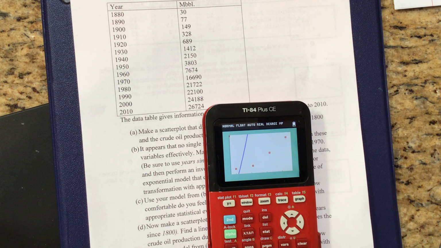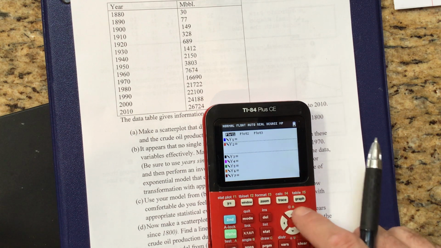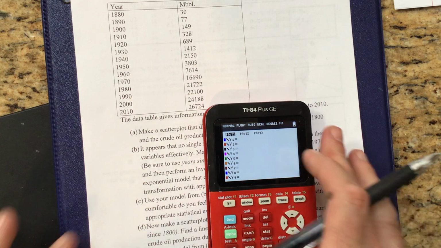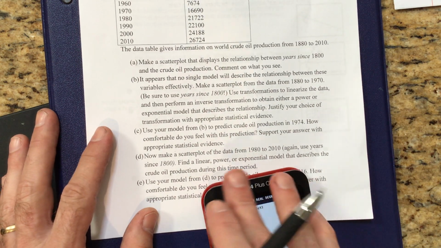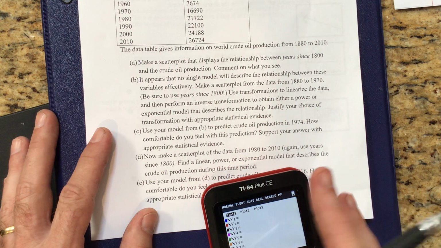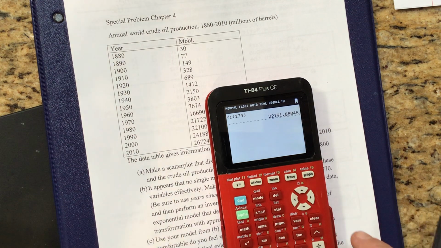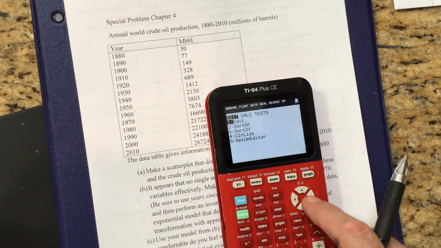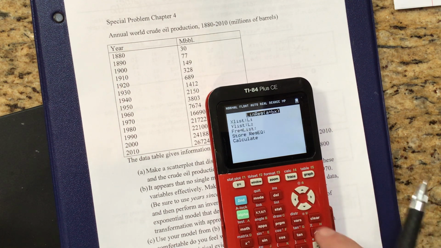But there's only 4 data points, so it's always hard to really read the graph of only 4 data points and be real confident in what you have. Okay, so linear, power, exponential, let's give it a shot. So just for fun, I'll try linear because it's only 4 points, even though it looks to be clearly curved.